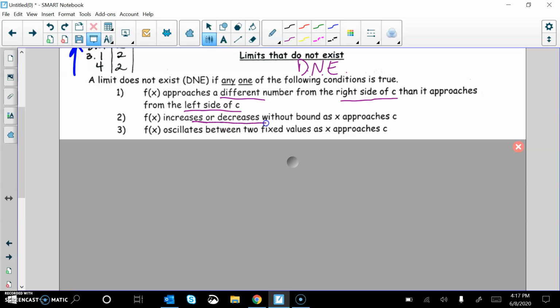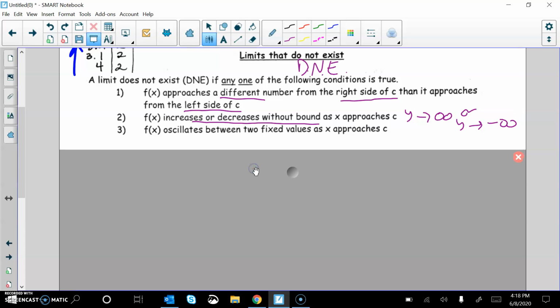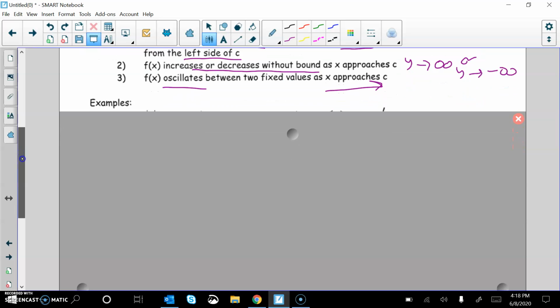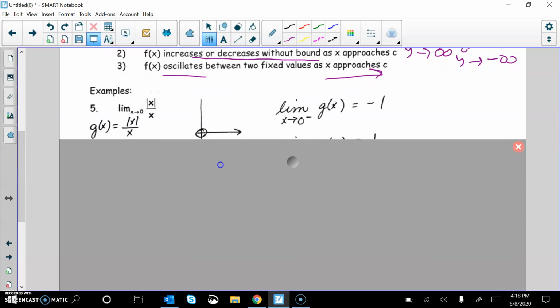Two, it increases or decreases without bound. So basically your y is going towards infinity, or negative infinity. Three, it oscillates. So it's bouncing back and forth between 2 fixed values as x gets closer to c. We'll see one example of each here.